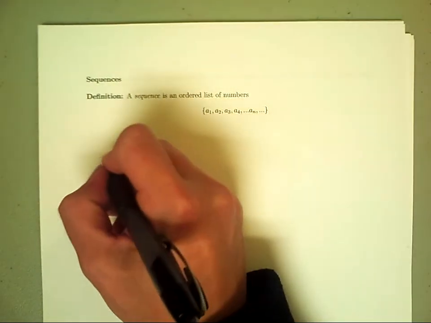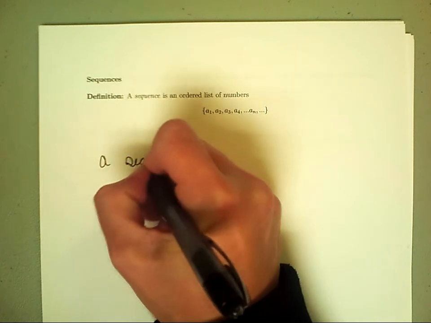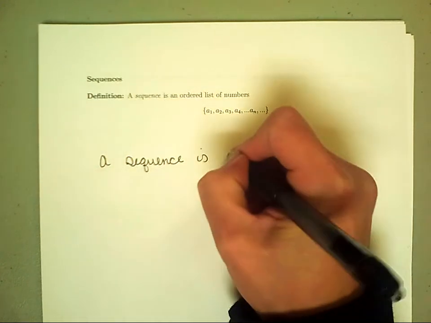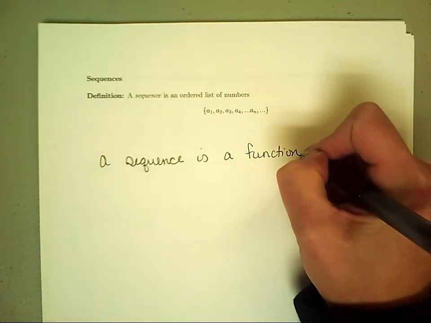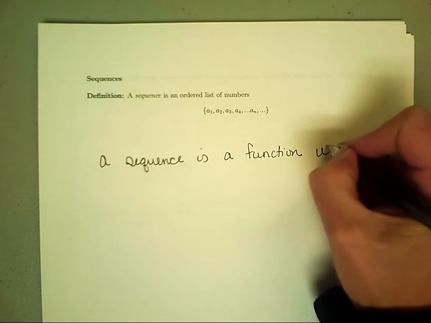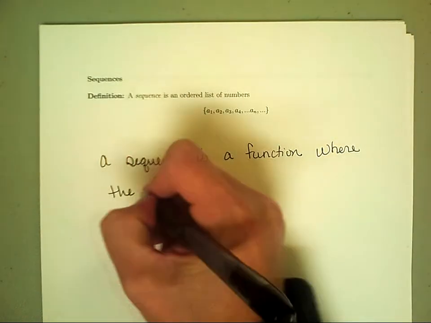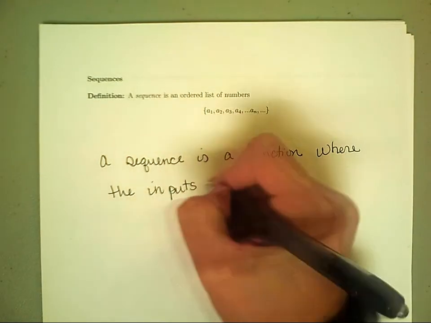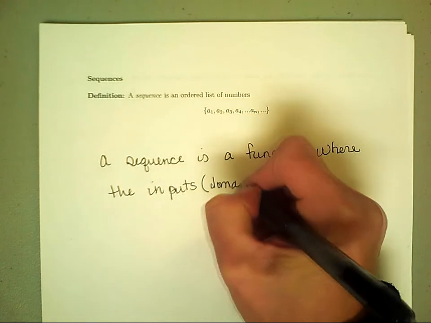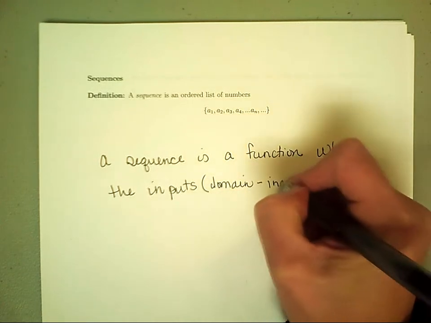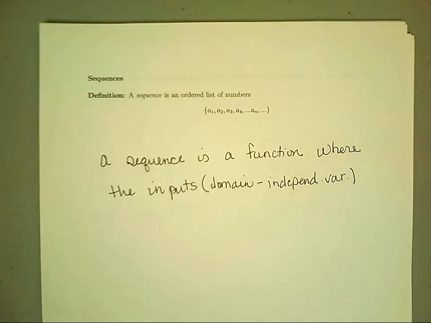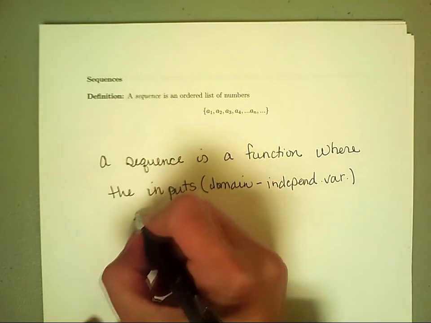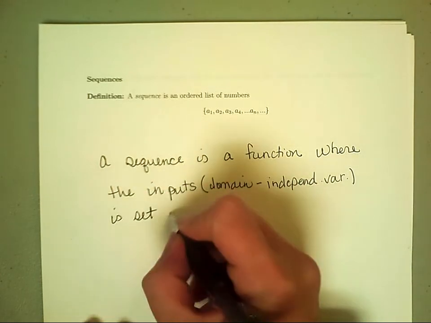Okay, so a sequence is a function where the inputs, okay, now remember the inputs, we think about this as the domain. Okay. We also think about this as the independent variable. Okay. These are other words we've used for this. So the input into our sequence is the set of natural numbers.